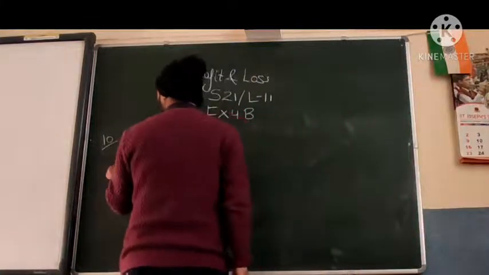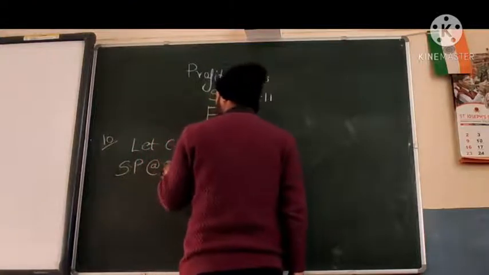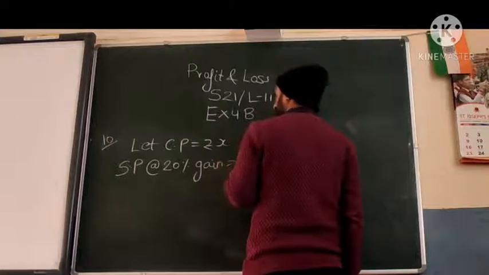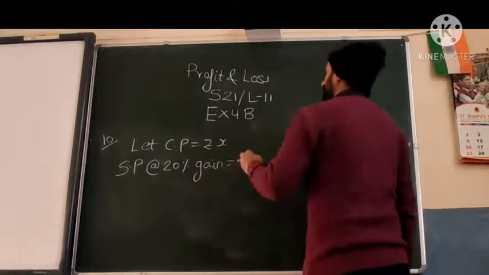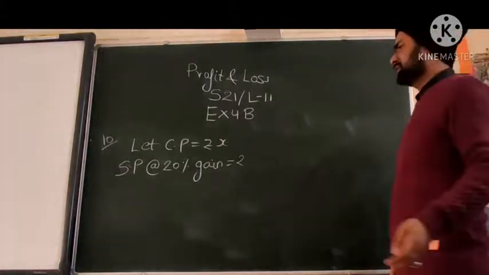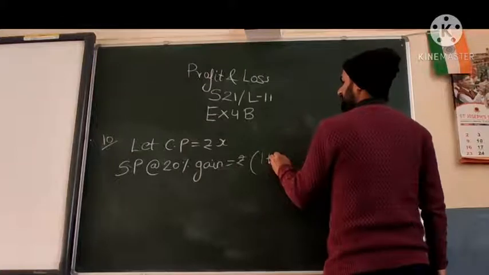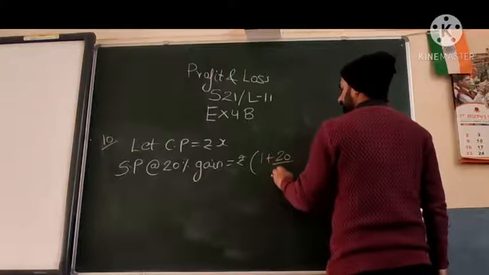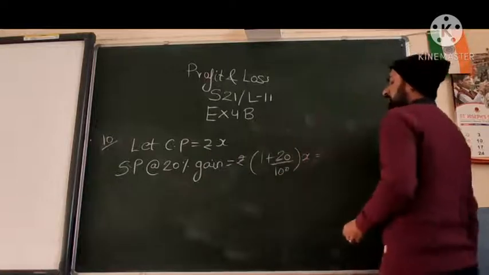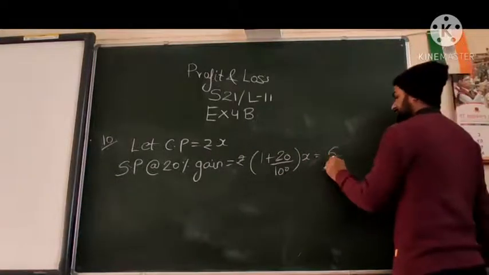So SP at 20% gain: the formula is 1 plus profit percent, that is 20 upon 100, into X. 20 by 100 is 1 by 5, so 1 plus 1 by 5 is 6 by 5. So SP is 6 by 5 x.